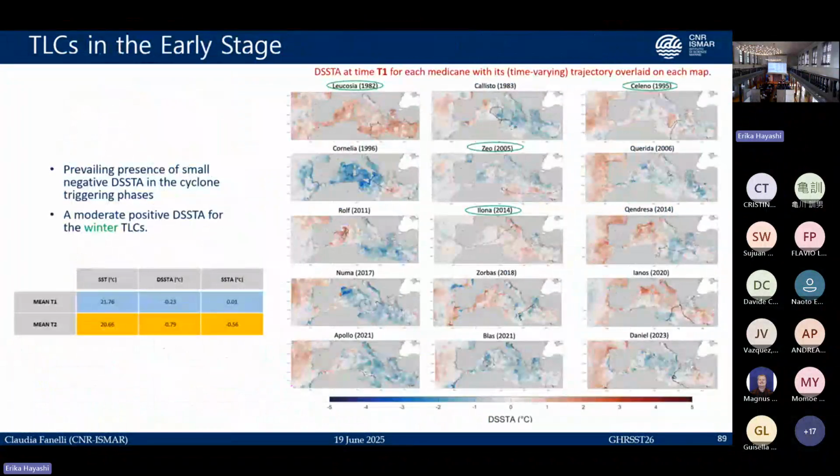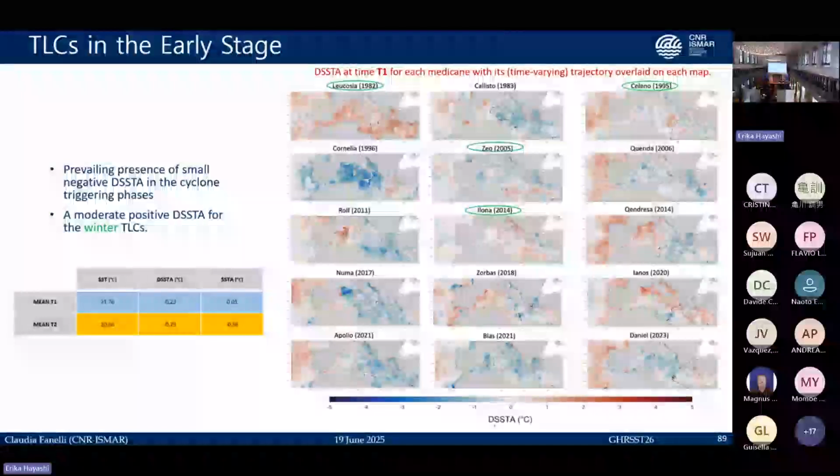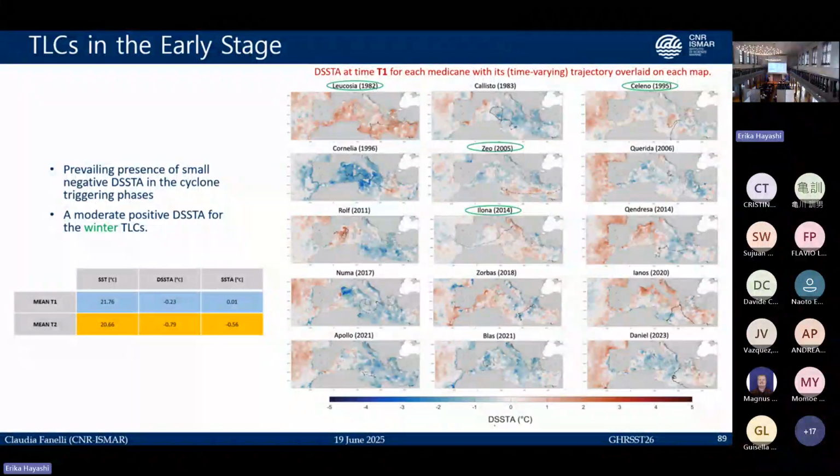Here you can see maybe a little bit better. The spatial map is the detrended SST anomaly at T1 for each medicane, and superimposed is the track of the medicane. So the map is at T1, but the track is moving in time, of course.